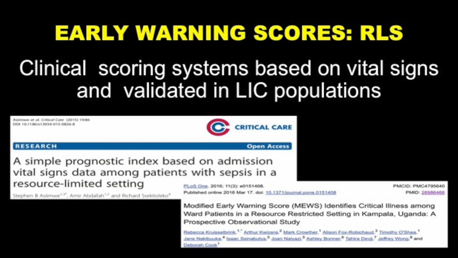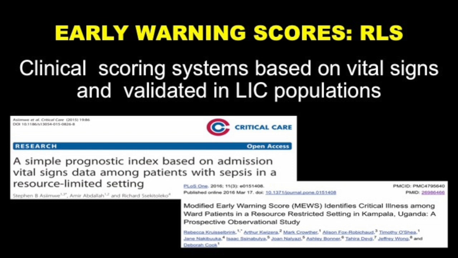Which one has better sensitivity and specificity? And they basically included almost 400,000 patients from almost 40 studies. And they found that qSOFA is less sensitive, more specific than the SIRS criteria. The SIRS criteria wasn't very specific at all.